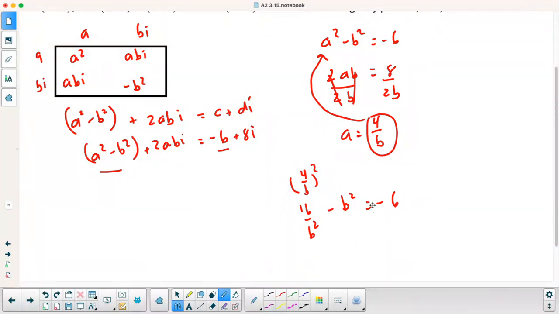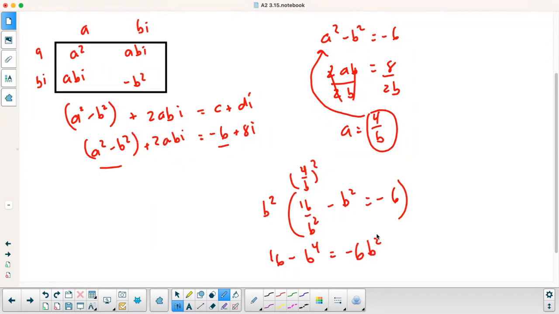So let's see here. A couple things you could do here. Best thing would probably be just get rid of your fractions. So multiply by your denominator. So the b squareds cancel here. So I would get 16 minus b to the 4th equals -6 b squared.